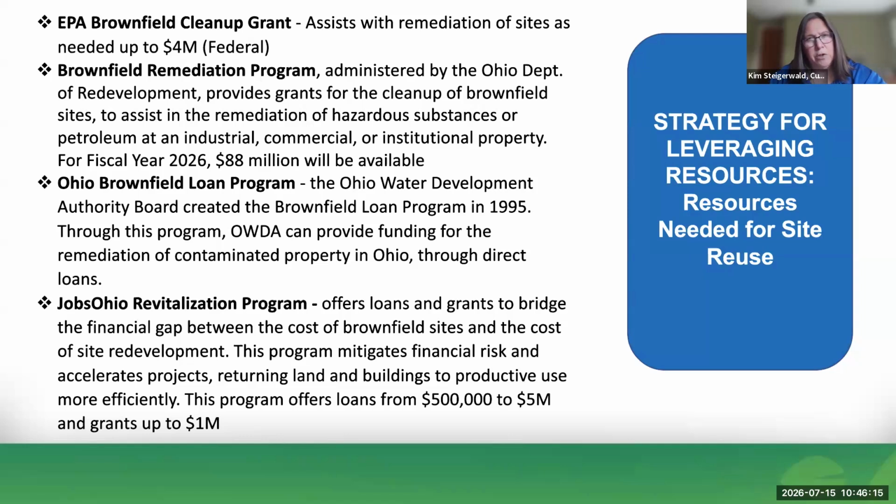And we also are using NOACA's, the Northeast Ohio Areawide Coordinating Agency, which is the recipient of a US EPA revolving loan fund. We've tapped into NOACA's revolving loan fund for brownfields to help some of our projects be funded as well. So there are all sorts of other options to layer funding for projects.